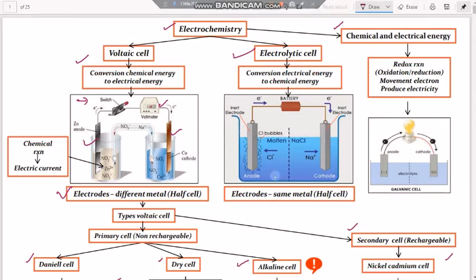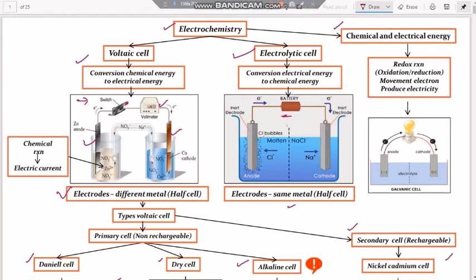So here there is a solution we will take, that solution is called electrolyte. Here the electrodes and same metal half cell reactions are present, like we said earlier. Anode, cathode, and inert electrodes are there in this picture. The battery is connected, and once the chemical reaction is completed, what will happen?